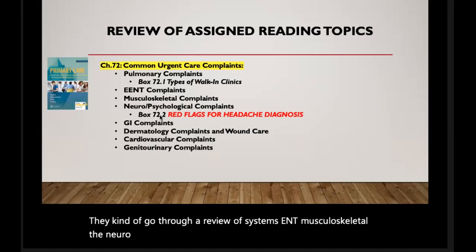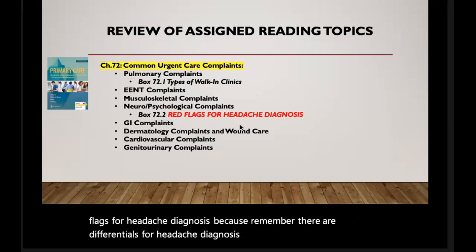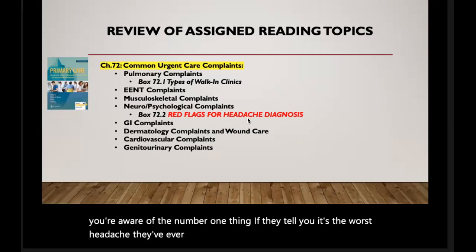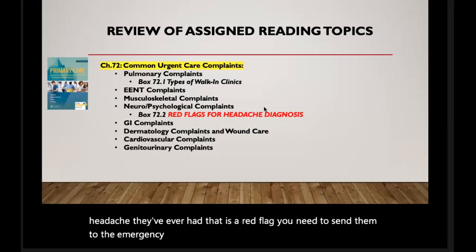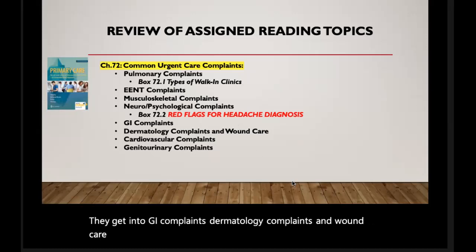Please make sure you review box 72.2 for the red flags for headache diagnoses, because remember, there are differentials for headache diagnoses that you need to be aware of. The number one thing, if they tell you it's the worst headache they've ever had, that is a red flag. You need to send them to the emergency room immediately, 911. They get into GI complaints, dermatology complaints, and wound care, cardiovascular complaints, as well as genitourinary.